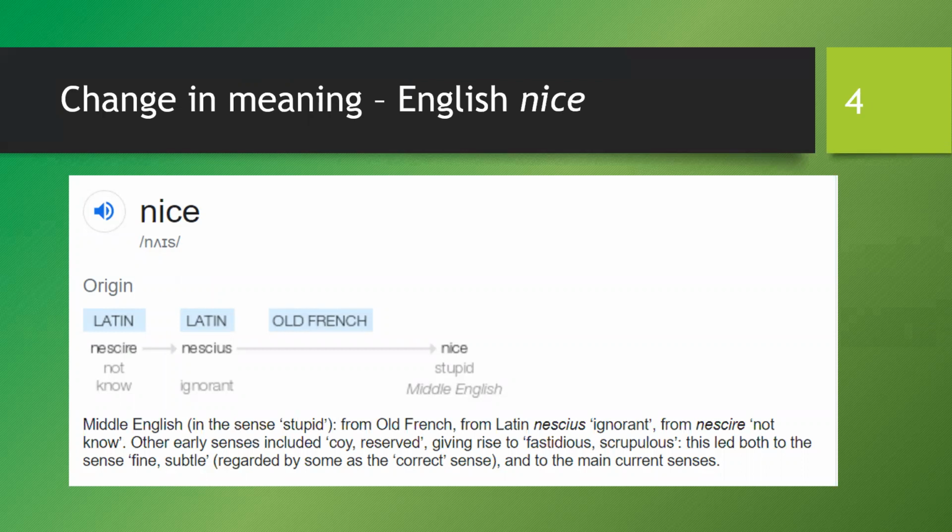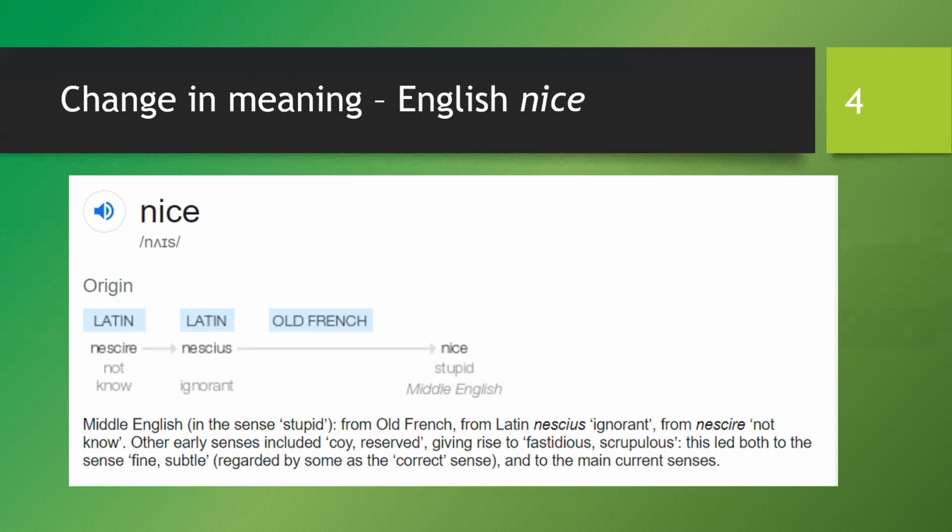But just by way of a brief digression, here's an example of an English word which has changed its meaning over time. So the Latin word nescire, meaning not to know, led to another Latin word nescius, meaning ignorant. And via Old French, this word comes into English and becomes nice. Today, nice means something like good and kind.